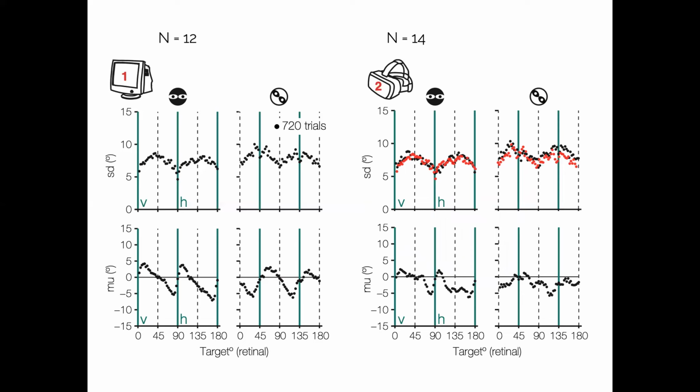And this turns out not to be the case. So now if we overlay the data, we see that there is still a repulsion effect to some extent, right? But it's much reduced and much noisier than what we saw in the first experiment. So it does look like if you remove this visual context directly, this repulsion bias is not quite as strong.